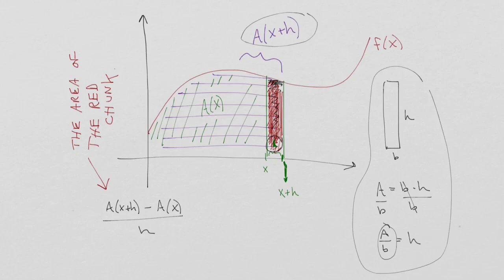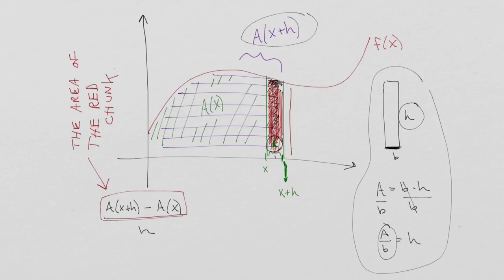What I've got when I've got the area divided by the horizontal width of the rectangle is that I'm left with the height of that rectangle. And that's exactly what I've got going on right over here. If I take the area of the red chunk divided by h, I'm left with the vertical component of this red region, which is infinitely thin.